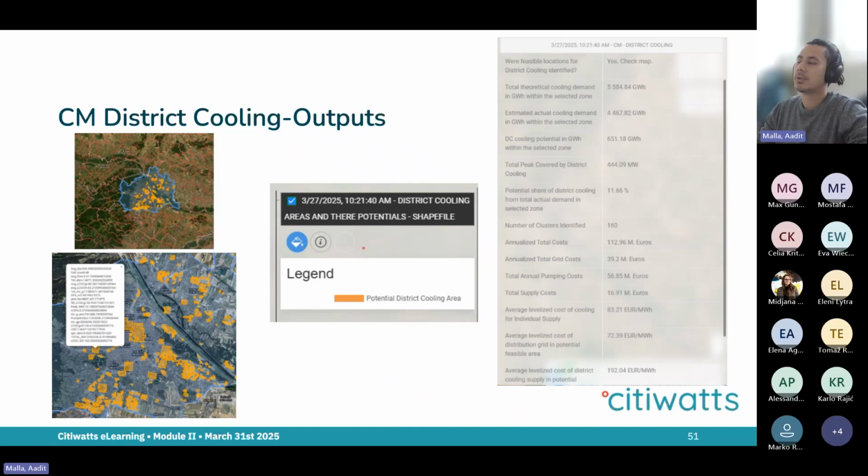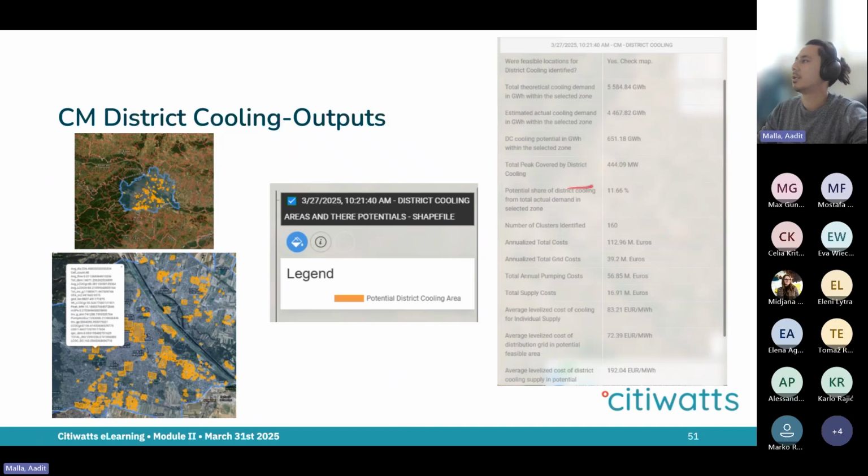And of course, you can go to the layers tab, and a user who has more experience with GIS-based applications can download this layer as a shapefile and use it for further calculations. But you can also just click on identify locations, and the module on the platform itself gives you more detailed technical as well as economic information on each of these identified locations.